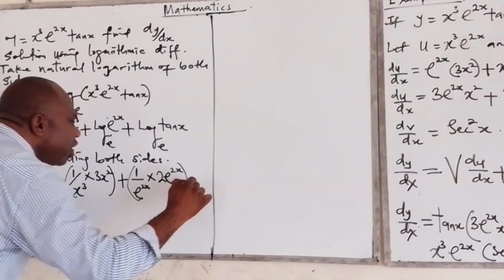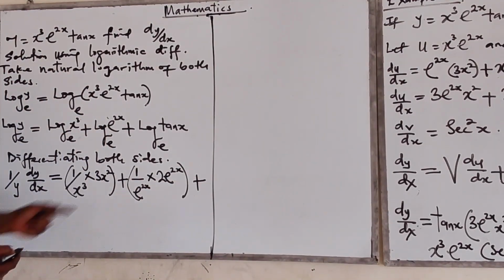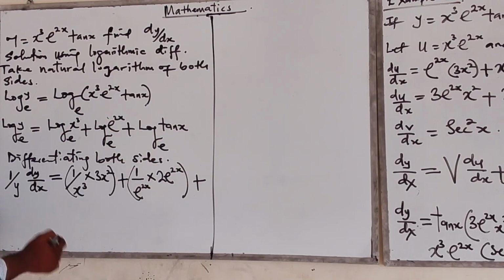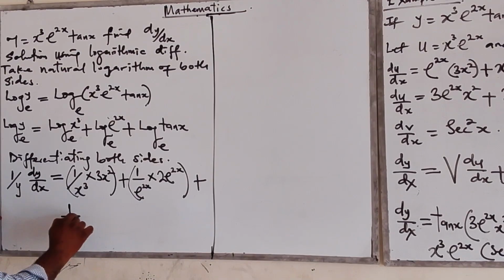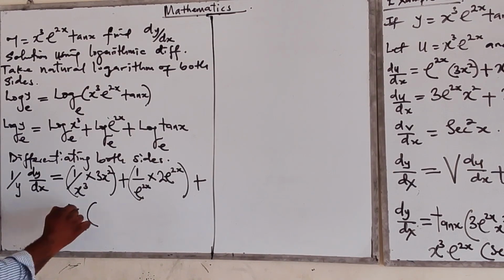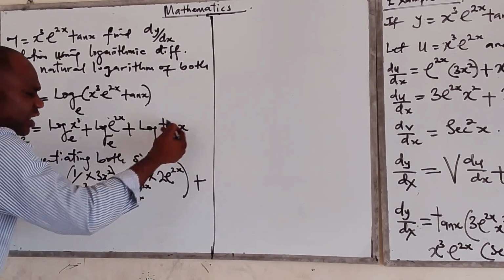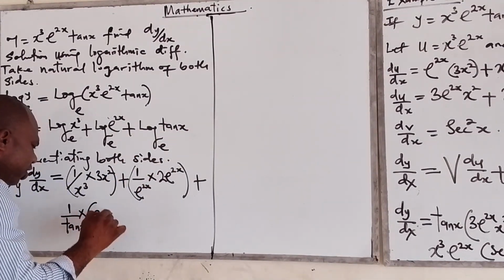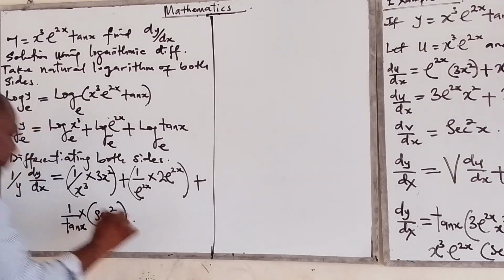Then plus, when you differentiate ln tan x, it gives 1 all over tan x times the derivative of tan x, which is sec squared x.